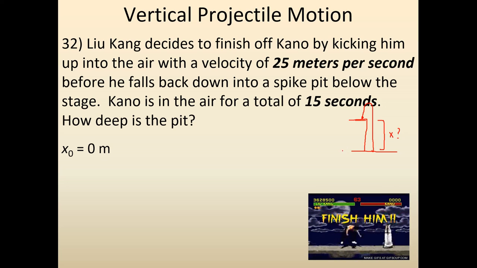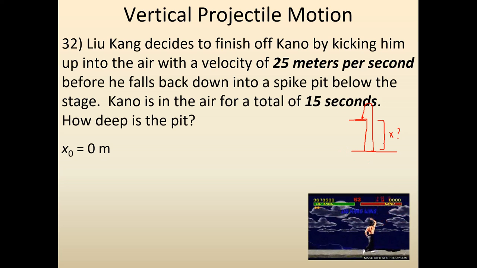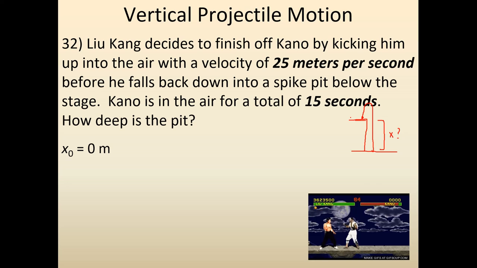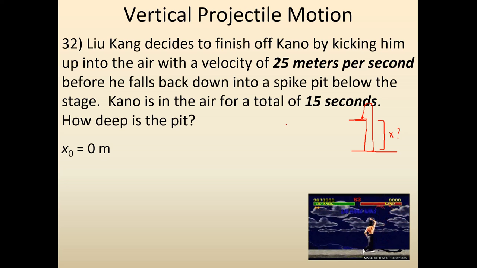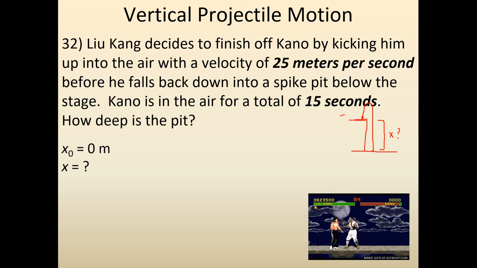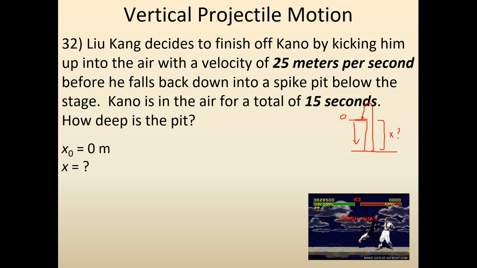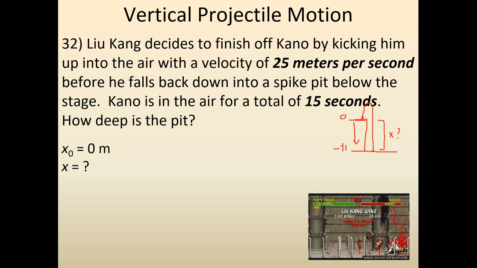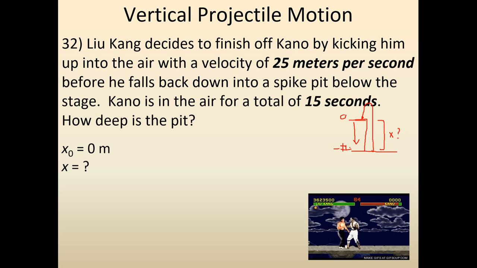We actually could have set this equal to 0 and said that the final position is 0 and basically looked for the initial position. Again, apples to apples, same thing. So I'm going to say that the initial position is 0 and the final position is what we're going to look for. Because it is below my 0 point, I know that this is going to be some negative number. So I know I'm on the right track when I get a negative position.